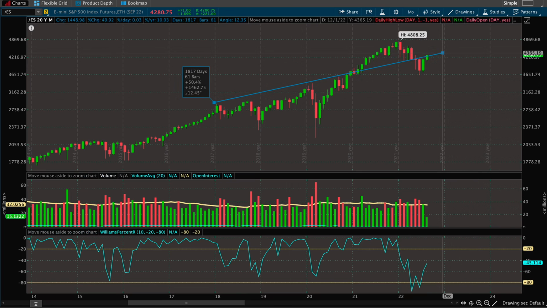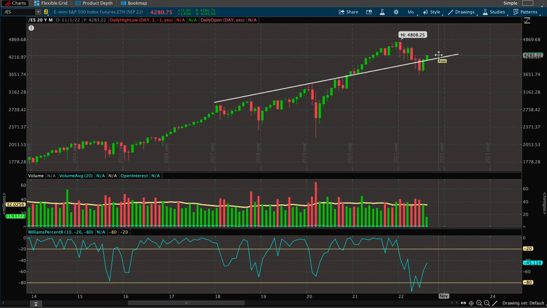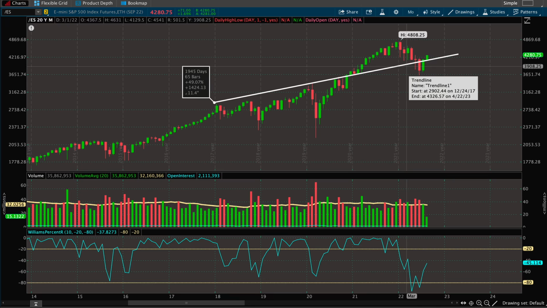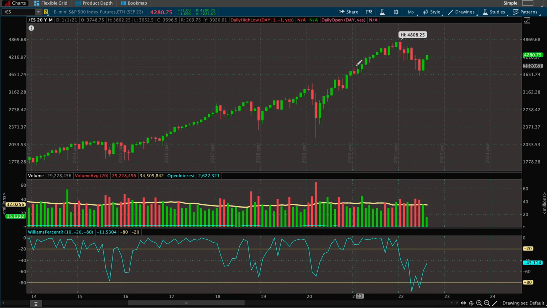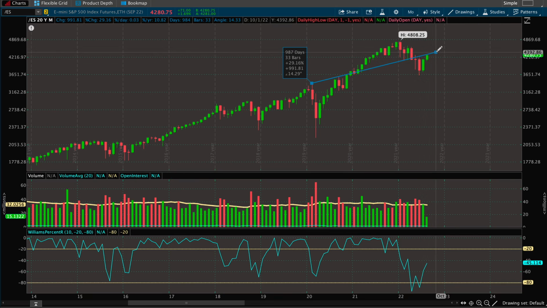I want the trend lines to touch as many tops as they can and then touch as many bottoms. That did not go that well, so we will try again. Somewhere around here from the top, and right around that makes a good trend line.